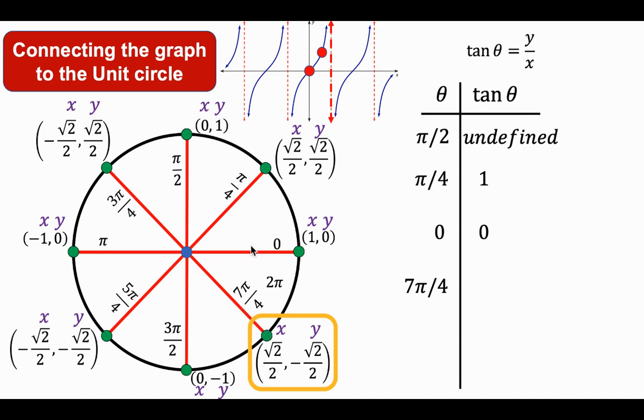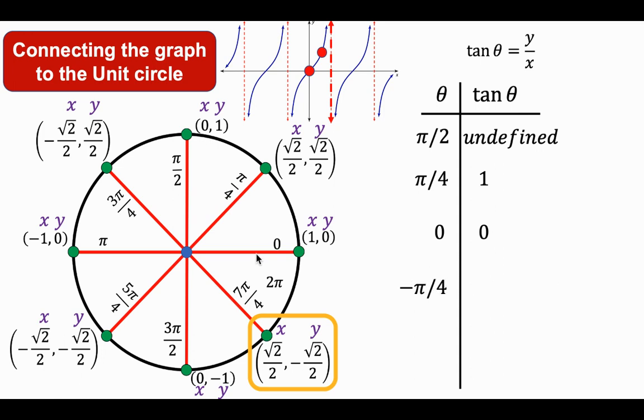Now, in order to turn it negative, if you think of positive going up or counterclockwise, negative is going down or clockwise. So the distance from here to here is pi over 4, which means that if I go in the opposite direction the exact same distance, that's going to be negative pi over 4. While I go this way, it's positive pi over 4, and this way is negative pi over 4.